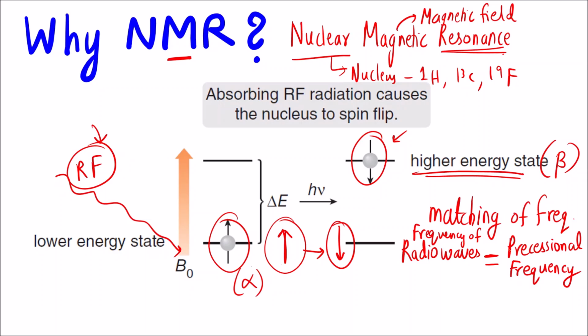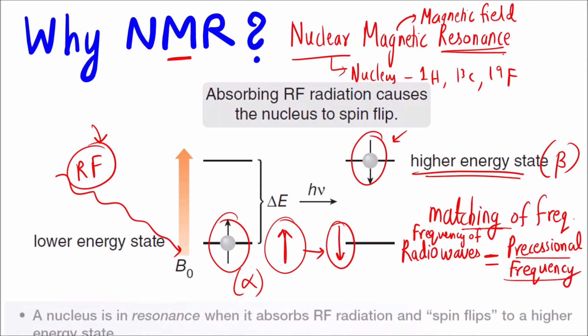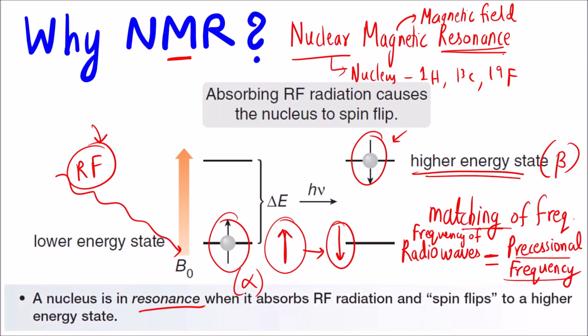When the radio frequency is the same as the frequency of the proton, or any nucleus that we are taking for NMR, the nucleus is in the state of resonance when it absorbs RF radiation, and this process of changing spin is called flipping, or spin flip, to a higher energy state.